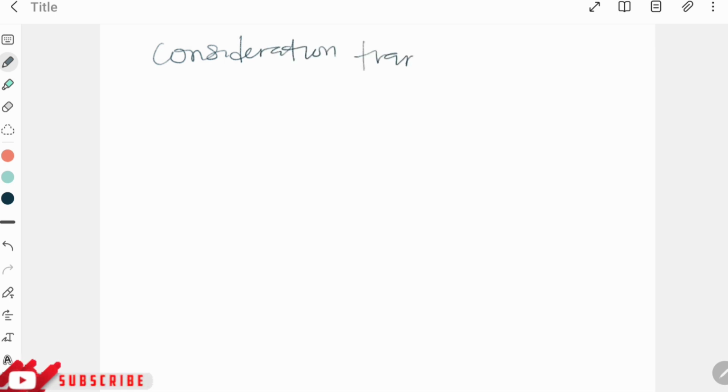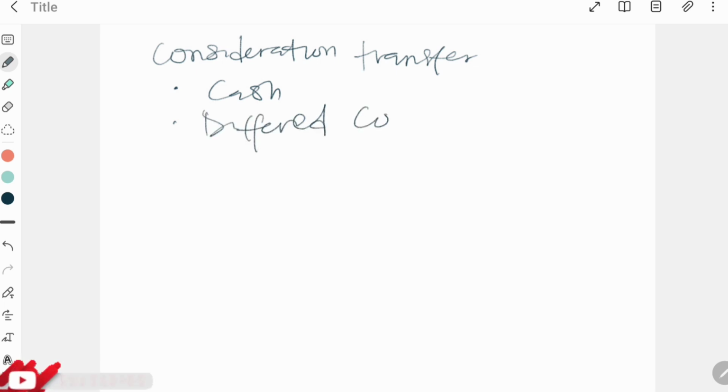Consideration transferred. This consideration transferred can be in form of cash. It can be deferred consideration. It can be contingent, that is, if it is conditional on something happening.